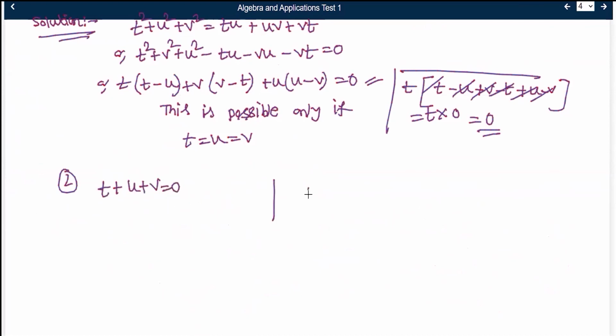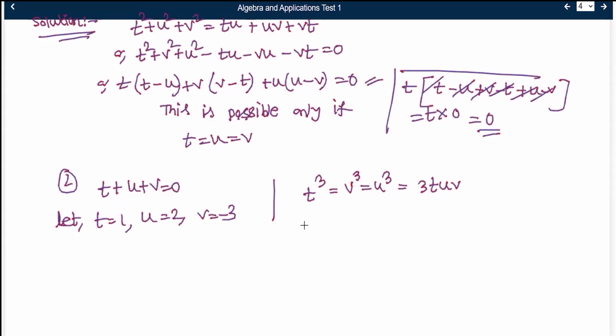And we are required to prove that t cube plus u cube plus v cube equals 3tuv, right? Now, since t, u, v are all real numbers, we can take t equals 1, u equals 2, and v equals minus 3, right?